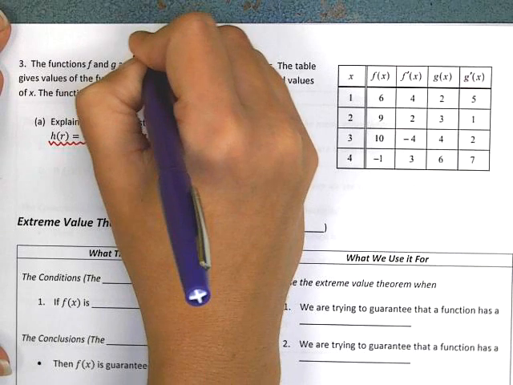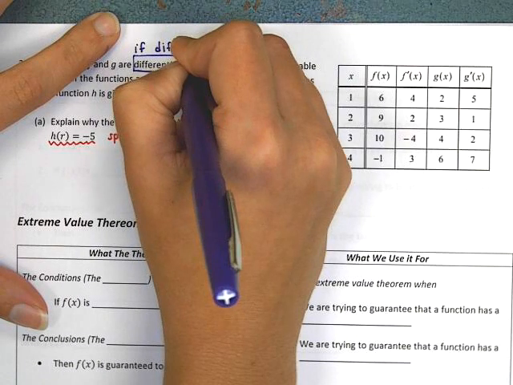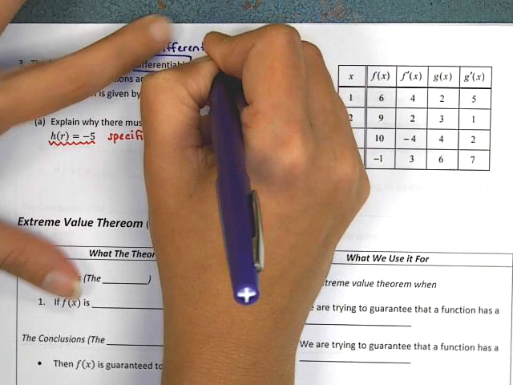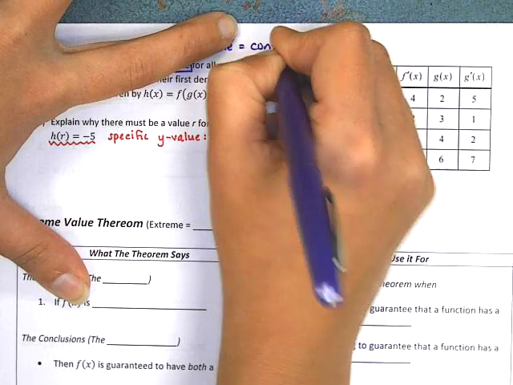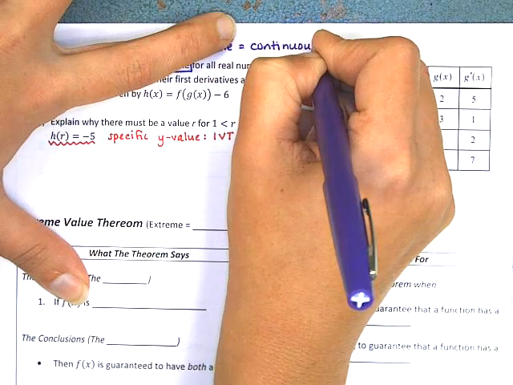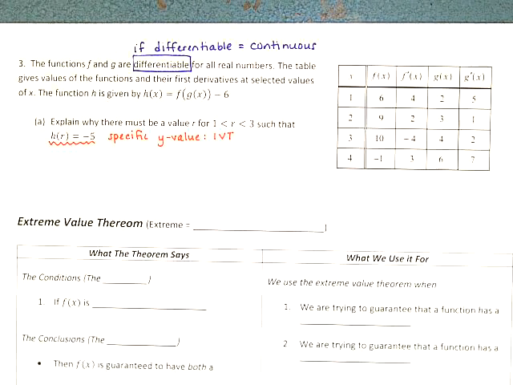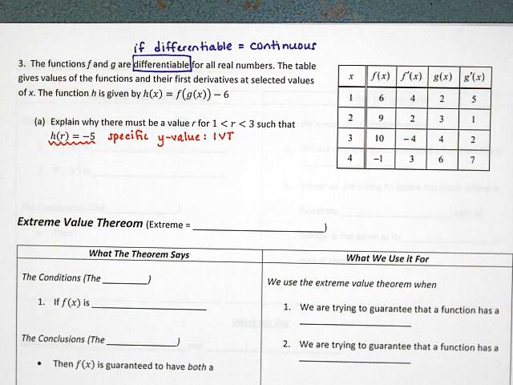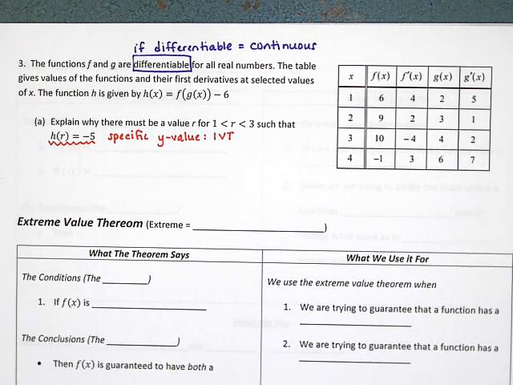If we are differentiable, we must be continuous. And the reason for that is because if you were not continuous, your derivative would not exist. That's one of the types of non-differentiable spots. So since we're differentiable, our function must be continuous.